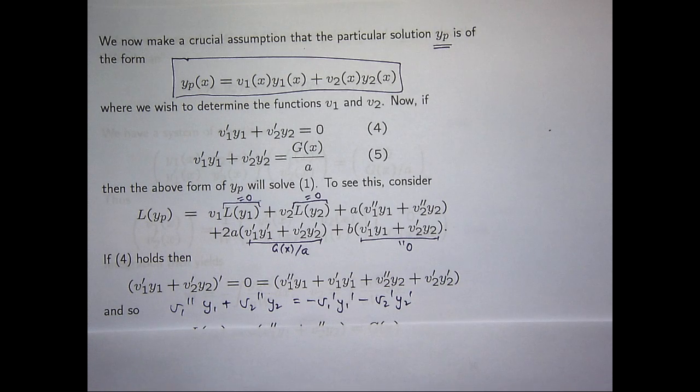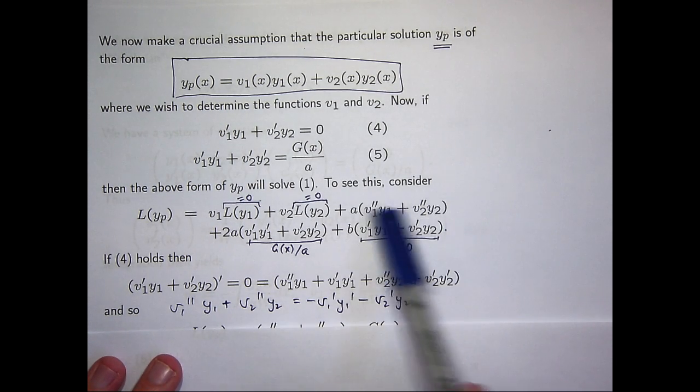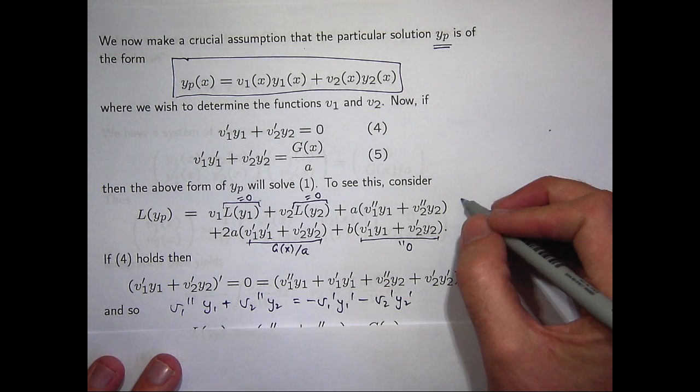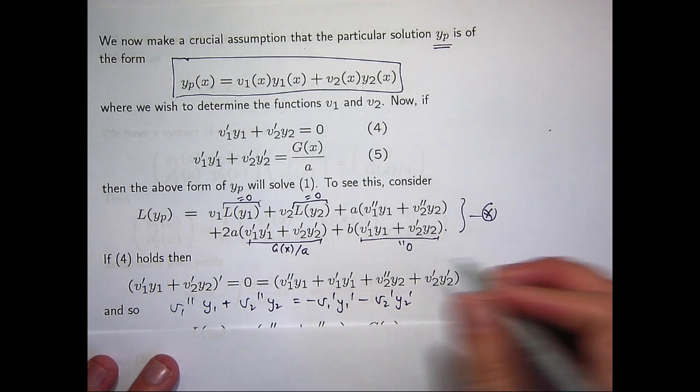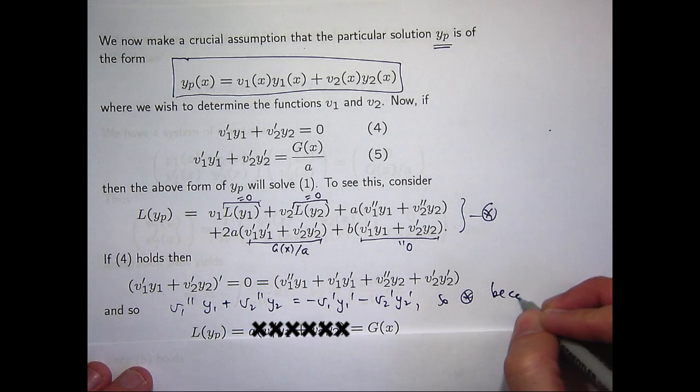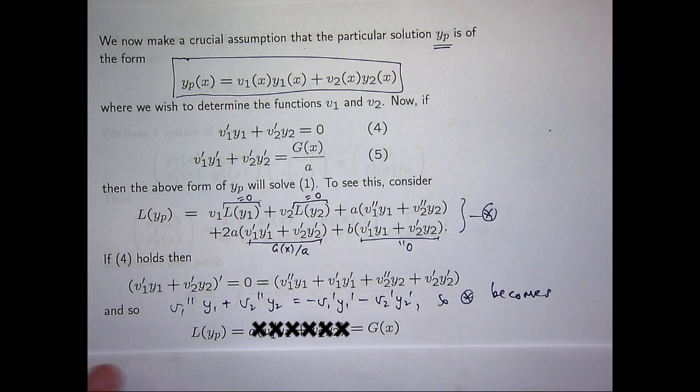Okay, so what I can do is replace this with this and get the following. Basically I'm going to substitute out and simplify, and I'll be left with g of x when I simplify. So what does it mean?